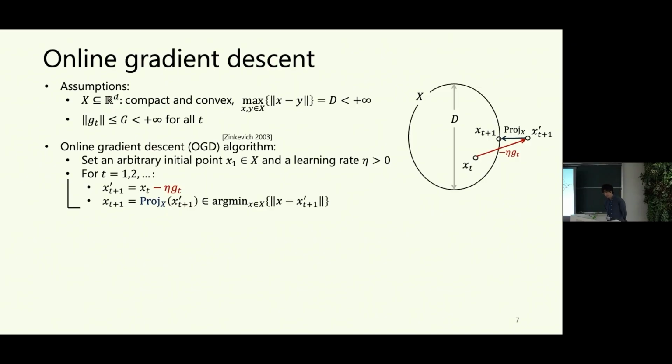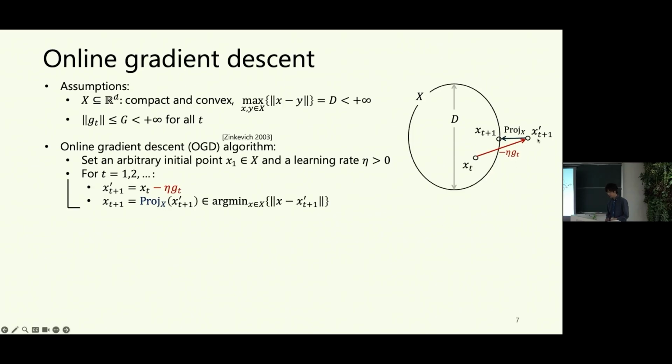And online gradient descent is one of the most basic algorithms for this problem setting. Here we assume that X is a convex and compact set with a bounded diameter, at most capital D, and the gradient norm is bounded by capital G. In online gradient descent, x_t is updated in the opposite direction of the gradient with step size eta.